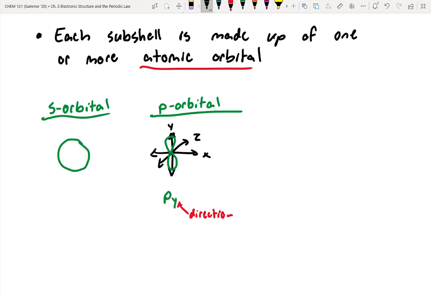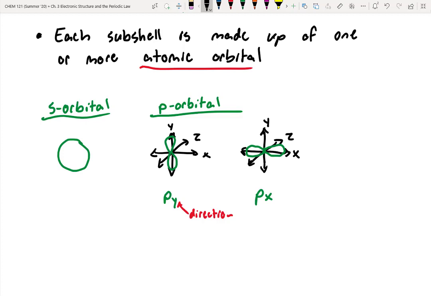All right. However, there's actually other types of p orbitals that also exist. So let's take a look at the other ones. I'm not going to bother labeling all of these axes, but you can imagine we could have one that looks like this that goes along the x-axis. So rather than being along that y direction, it's going to be along that x direction right there.